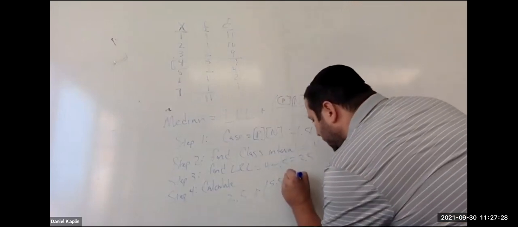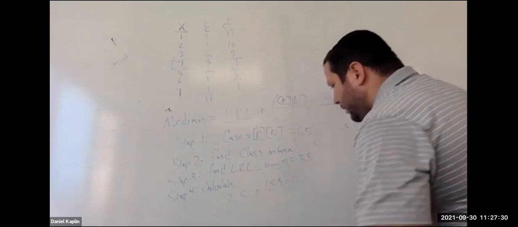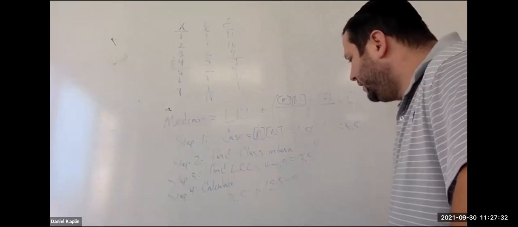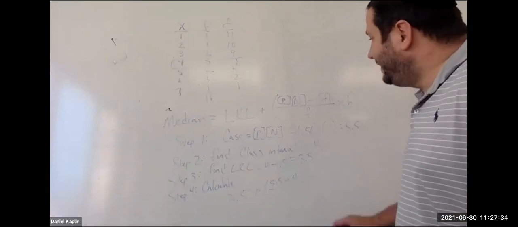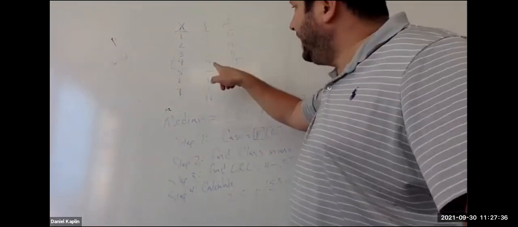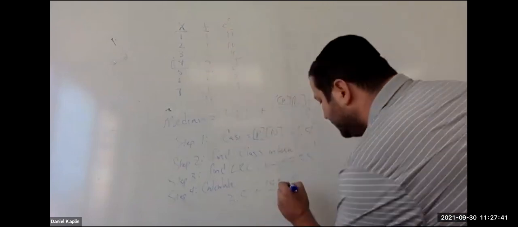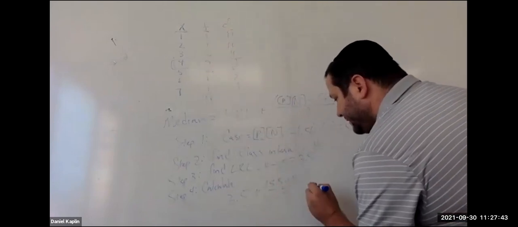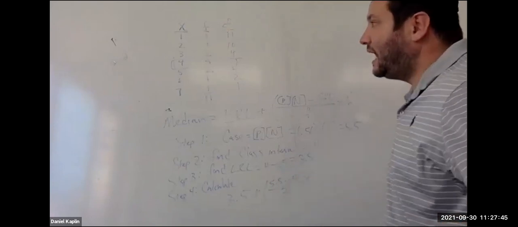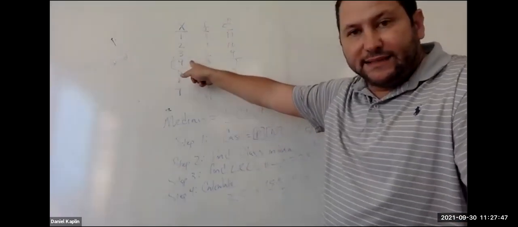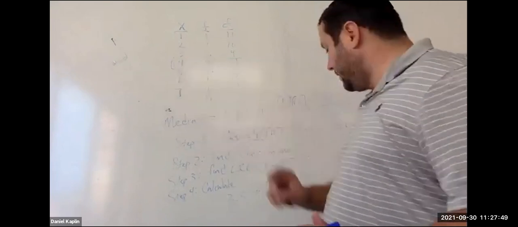So we go 5.5 minus 4, divided by F. I see my F here is 3. So the frequency there is 3, times the height. Well, the height is going to be 1 because we only have one score here.